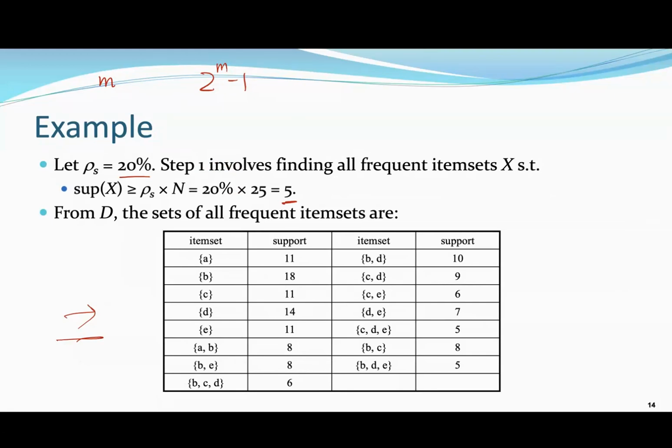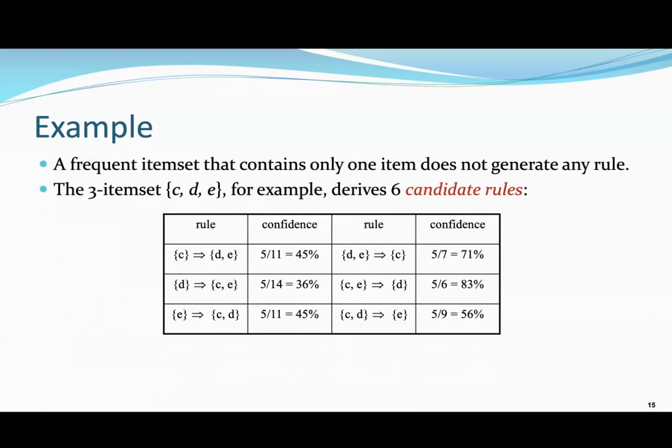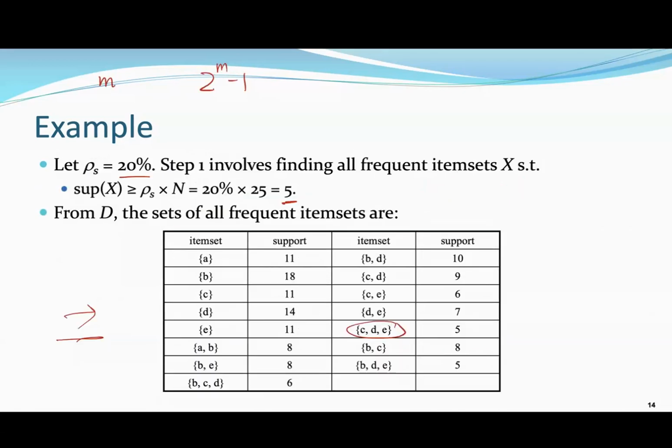So what we do is take a frequent item set, let's say CDE, and try to partition it into a left-hand side and a right-hand side. That is, we try to get an X and a Y of a rule, and then check whether that satisfies the confidence threshold or not. An example that we gave last time was to take CDE, which is a frequent item set that we discovered here, all right?